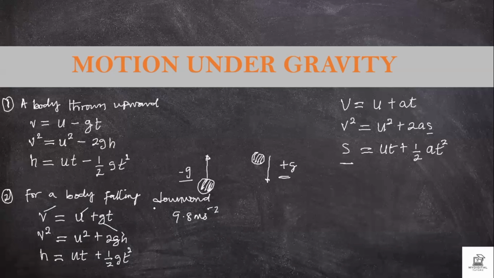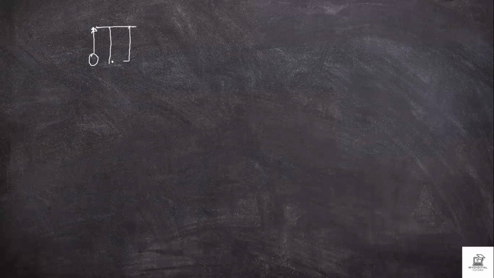Is that understood? What you need to remember is that when an object is thrown upward, the final velocity on getting to the maximum height is zero.